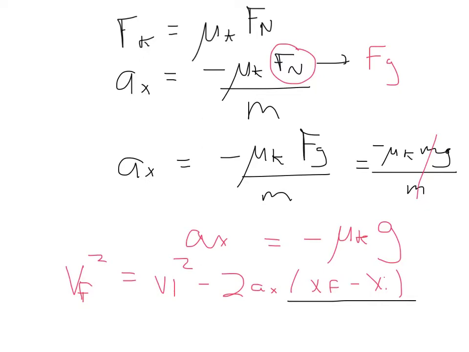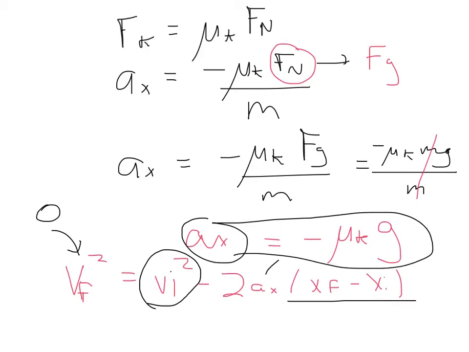Alright, so my final velocity, of course, if my object stops, is 0. My initial velocity of my object is whatever it happens to be. I called it vi. And my acceleration is this guy right here. So put that in there. Alright, so I will move to the next page and I'll solve for this term here.